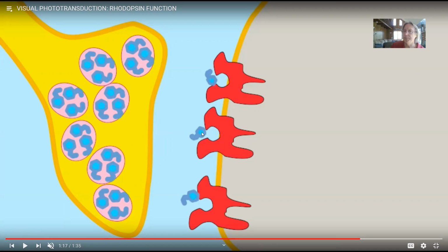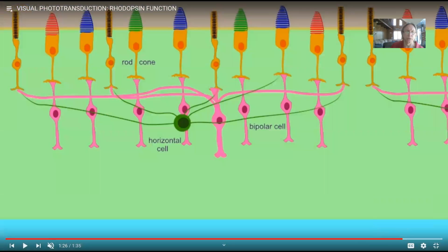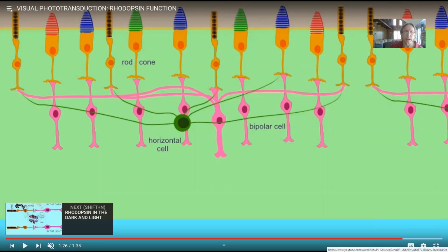But the neurotransmitter is now telling the brain, I've detected light. So all of this, what it's done is allow us to link the signal of light to a change in neurotransmitter levels, which then lets the brain know that we have detected light.